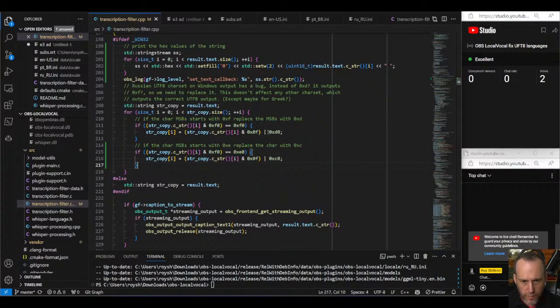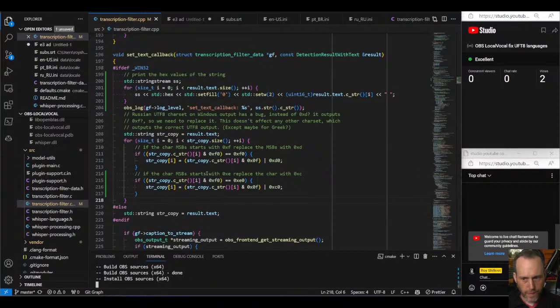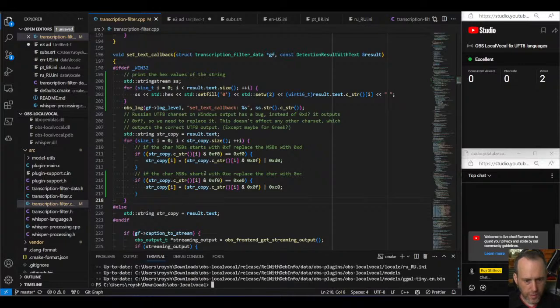So that's interesting. F becomes a D, E becomes a C. There's a pattern here. Let's do that. This is all because of Whisper CPP's weird encoding.